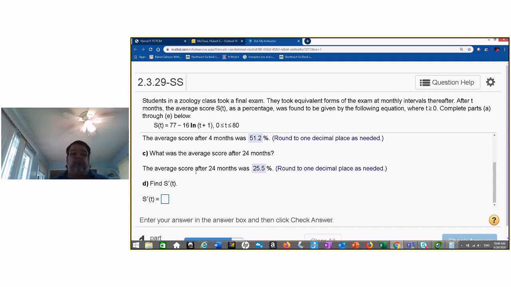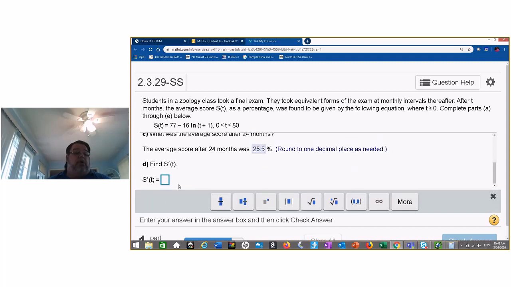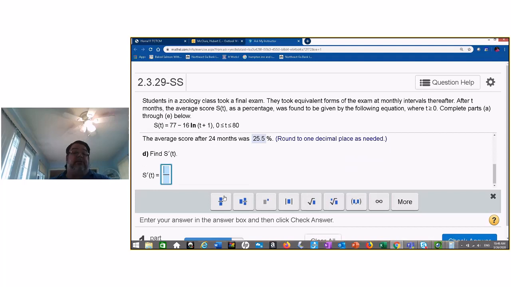Question. Do they ask you more? Negative 16 over T plus 1.